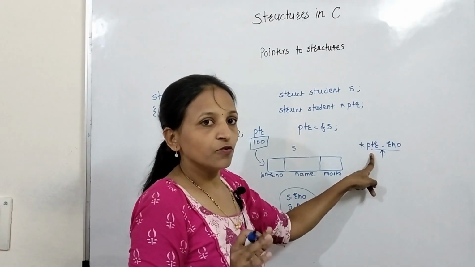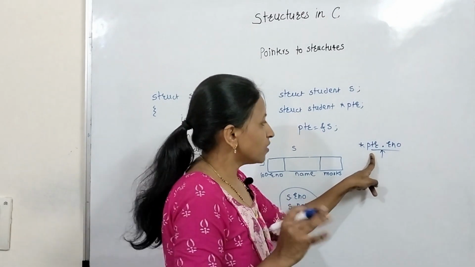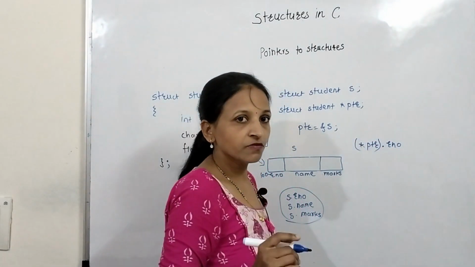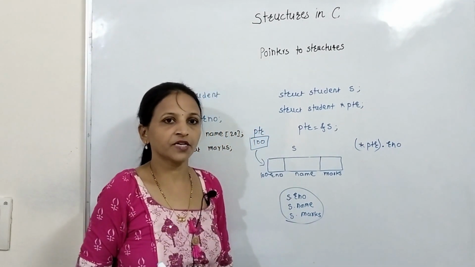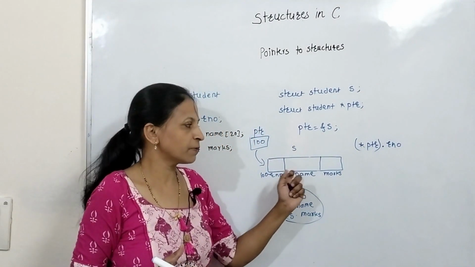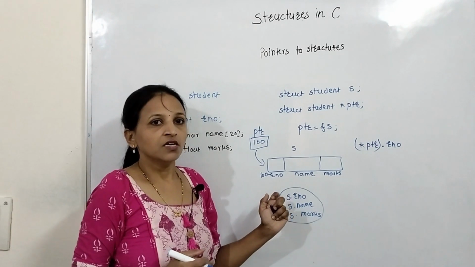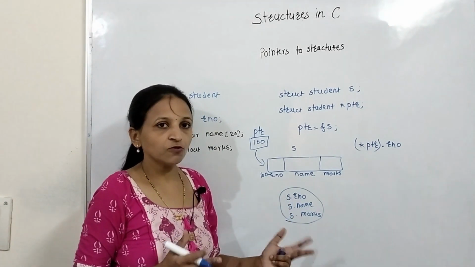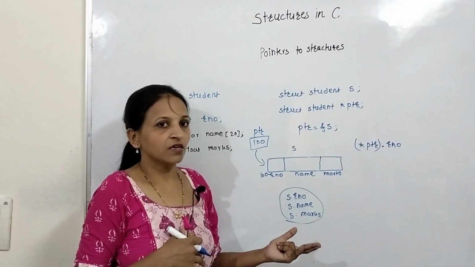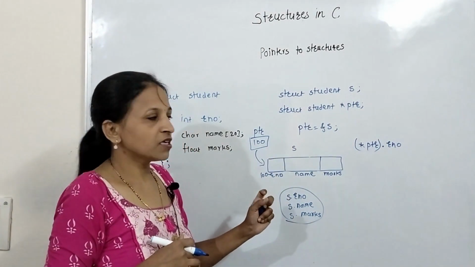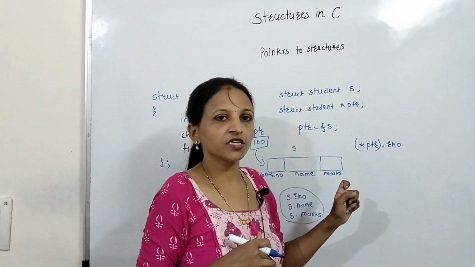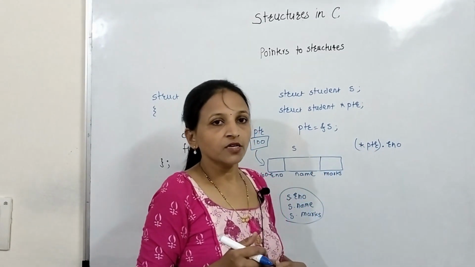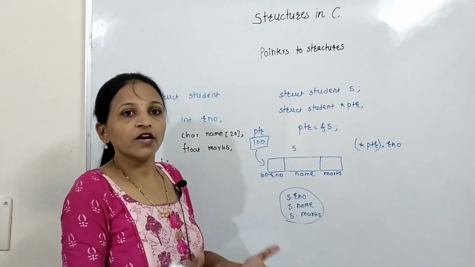That's why you may get an error. To avoid that type of error, write (*ptr), because we know this star is the indirection operator. To fetch an individual member you use the dot operator, and the dot operator should be used with a structure variable. Here the structure variable is S, but I want to access it with the help of a pointer, so we can write (*ptr).rn.